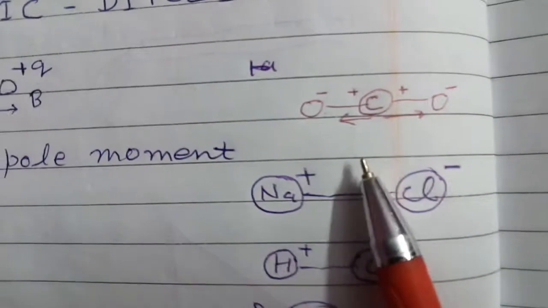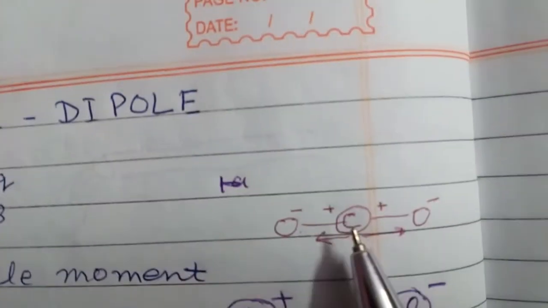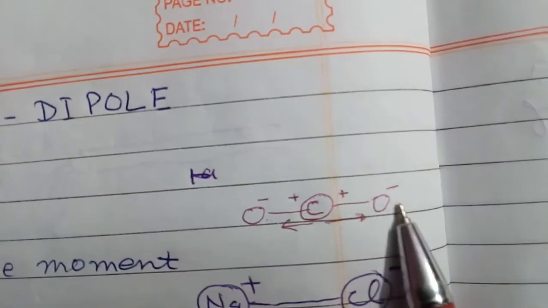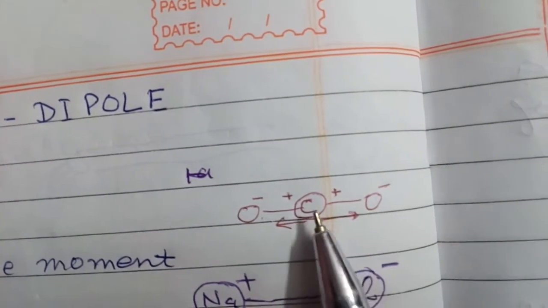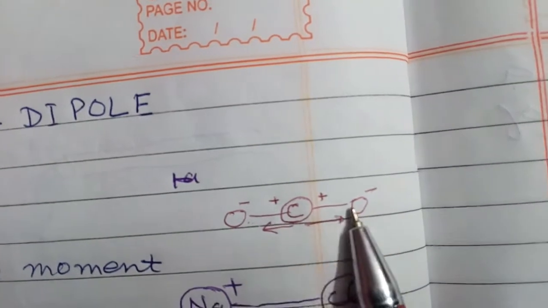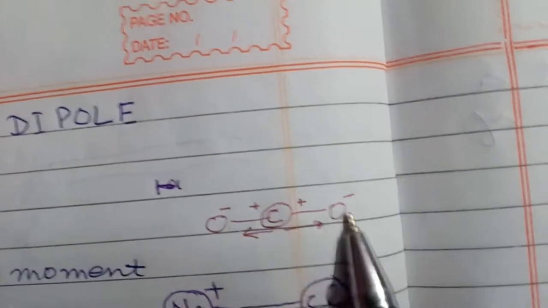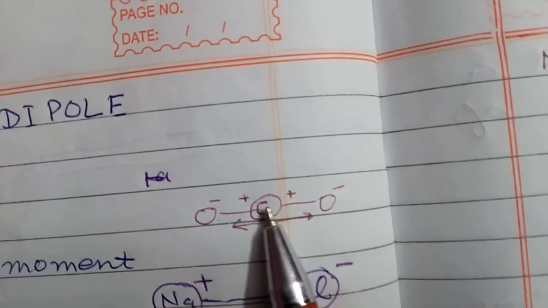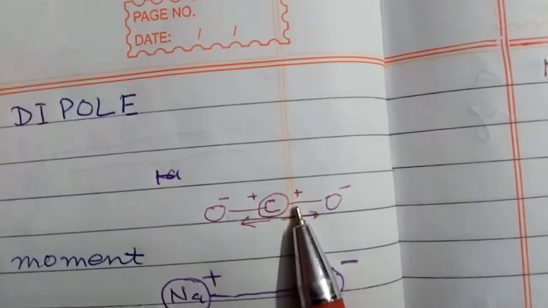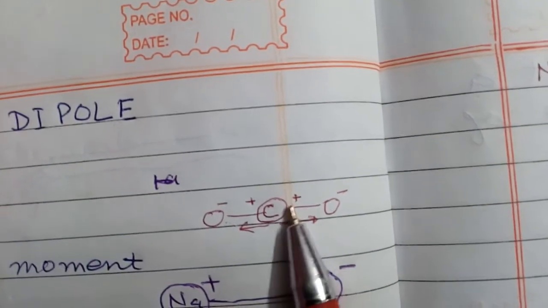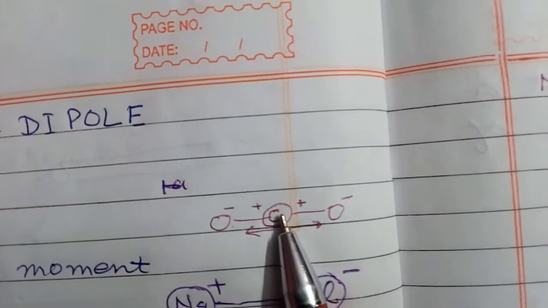Now here are some dipoles. This is carbon dioxide molecule, C plus, O minus, O minus. This is CO2. Since this is plus and this is minus, so dipole moment is in this direction.